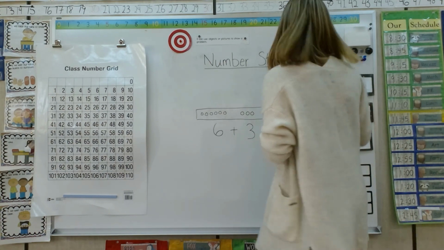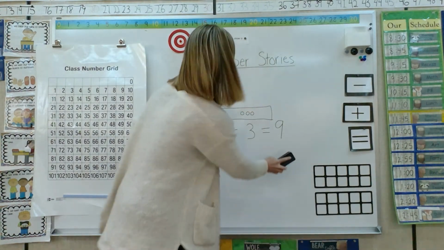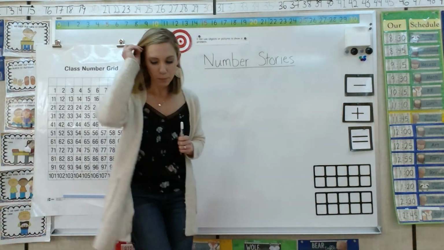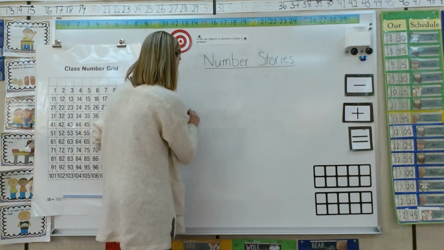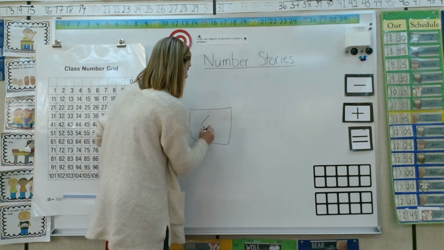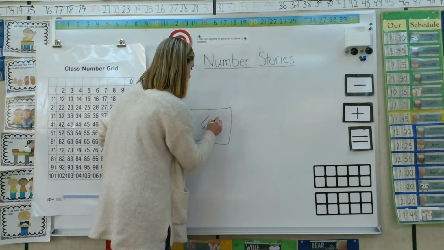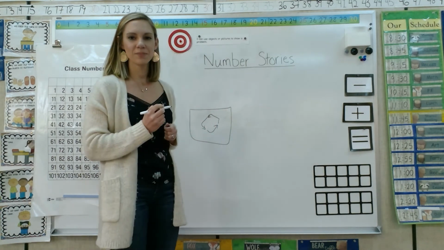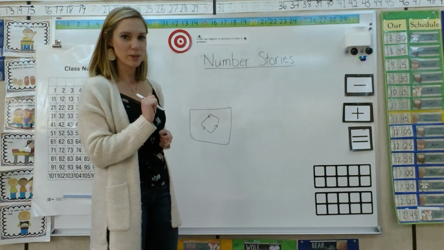All right, so let's try another one. Let's say there was a recycling bin. Now, in this recycling bin, let's see if I can draw a recycling bin. Okay, that's a recycling bin in case you couldn't figure it out.